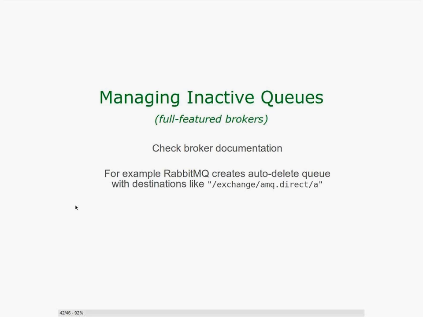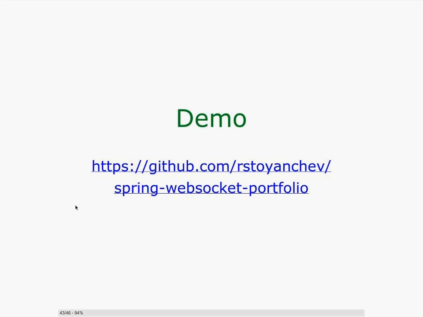So, for example, with RabbitMQ, if you use a specific destination that starts with /exchange/amq.direct, that creates an auto-delete queue. And ActiveMQ has similar config options to purge inactive destinations, so that's something that you have to check with your specific broker. So now we're going to turn our attention to the sample application.